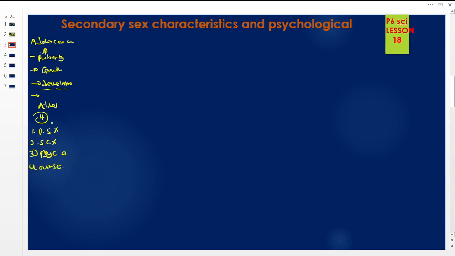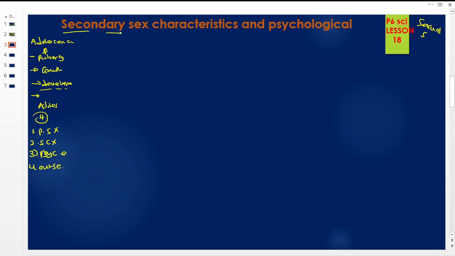Now here we are going to discuss secondary sex characteristics. As I told you in the previous lesson, sex doesn't mean those bad things, they're not bad because all of us are a result of that. That action is called sexual intercourse. Then when we are looking at sex, it means male and female.